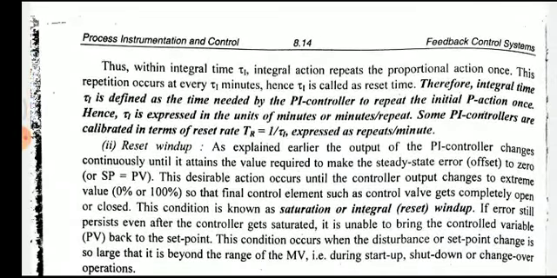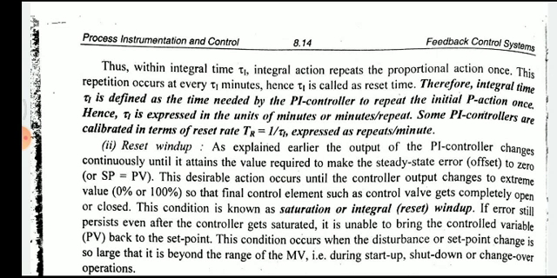Within the integral time tau 1, integral action repeats the proportional action once. That means proportional action is done at once. Then this repetition occurs every tau minutes, for the fixed time.